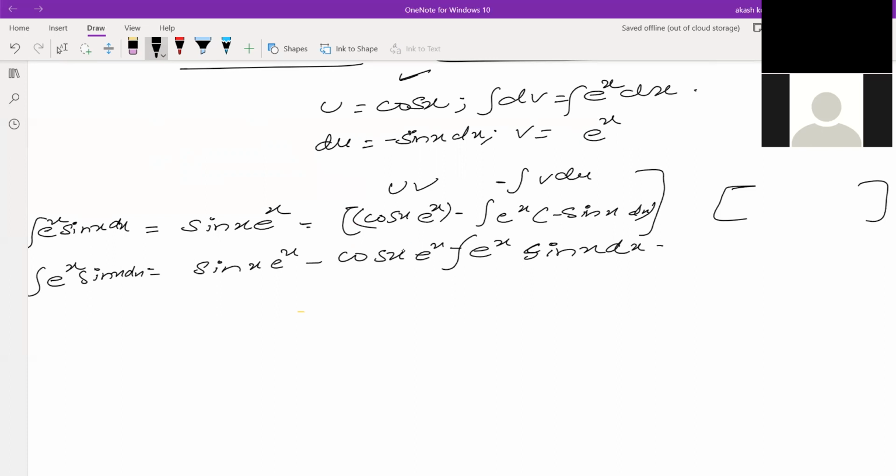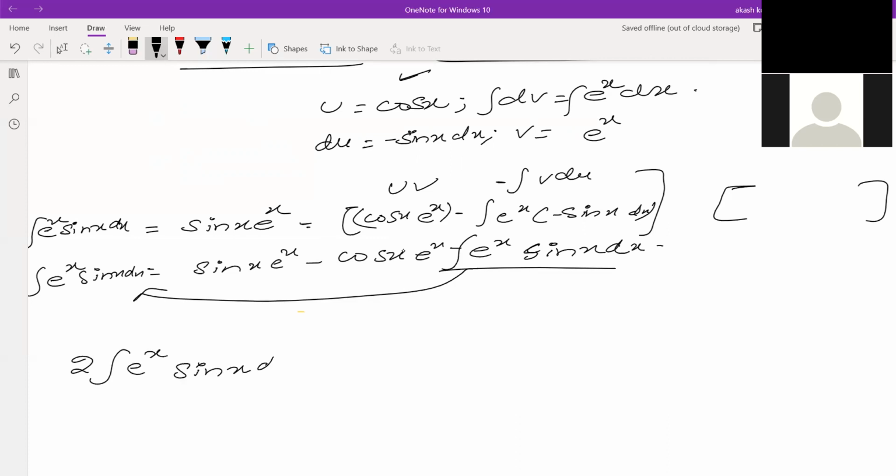Yeah. So taking the integral to that side of the equation, because we are getting the same integral again in the answer, it becomes 2 integral of e^x sin x dx equals sin x e^x minus cos x e^x.